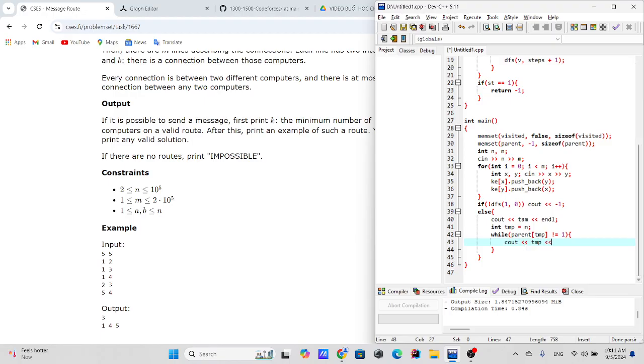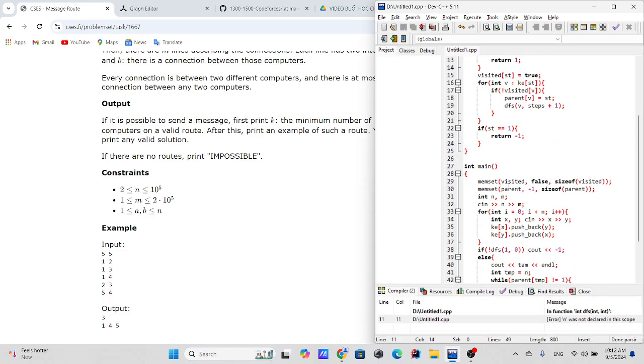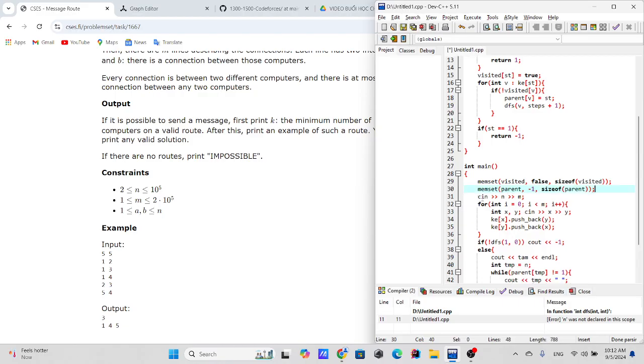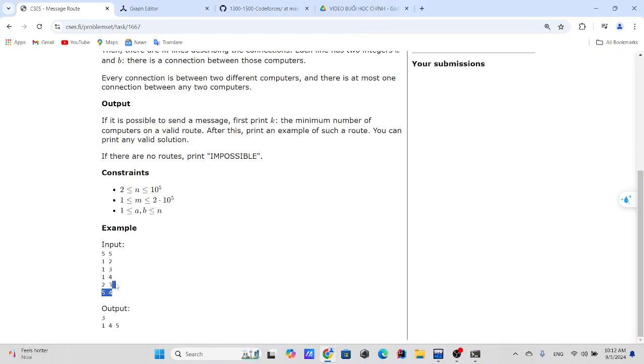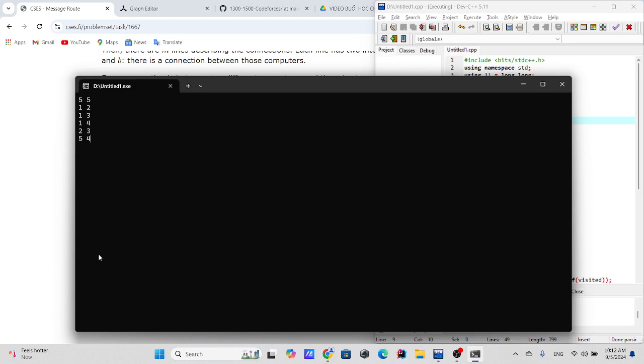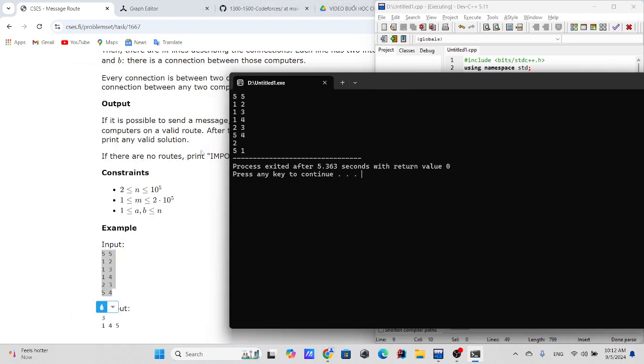Temporary, right? Oh, never mind. Shit. 5-1.